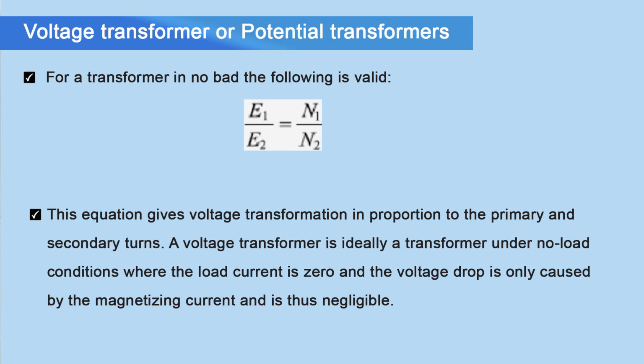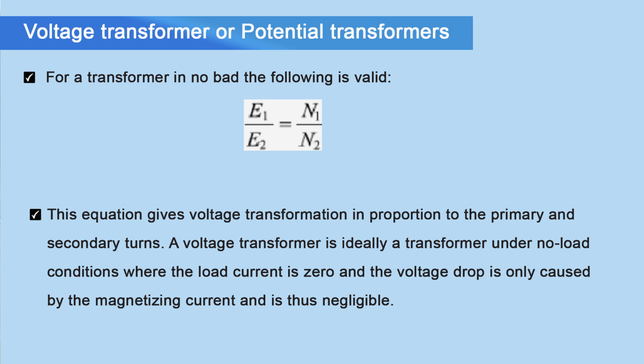So if the input voltage is high and the output voltage is low, it will directly reflect on the number of turns. In that case, the number of turns at the secondary side will be low for the step down operation. So the equation shows the basic voltage transformation ratio in case of potential transformer.